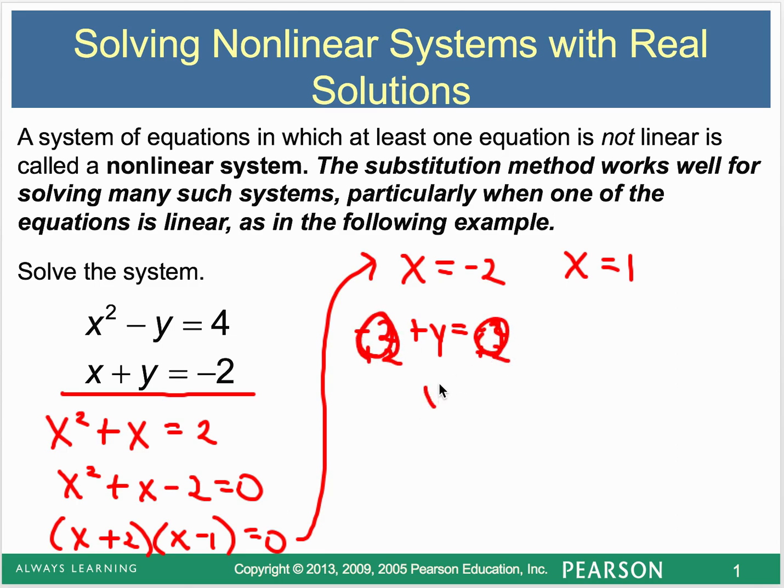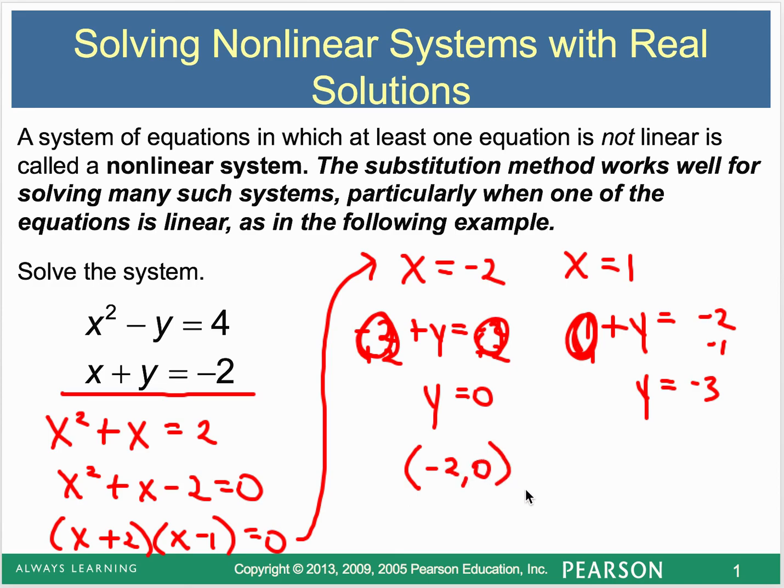So y is 0. If x is 1, plugging it in right here, 1 plus y equals negative 2. So y is negative 3, giving me the points (negative 2, 0) and (1, negative 3), right?